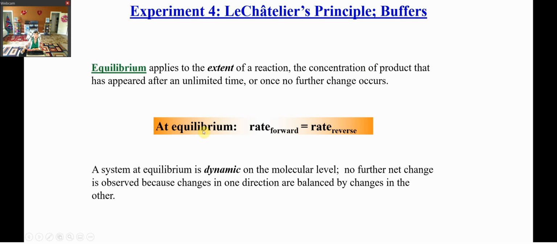At equilibrium, your forward reaction rate is the same as the reverse reaction rate, as we discussed in your previous experiment on equilibrium. And the state of the system at equilibrium is considered a dynamic system. From the molecular perspective, no further net change will be seen, because the change in one direction is balanced by the change in the other.